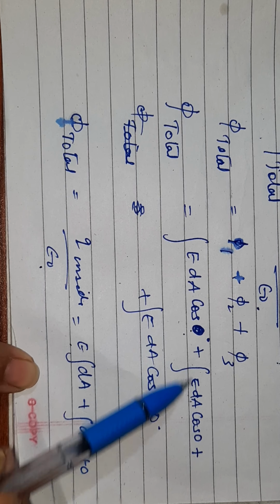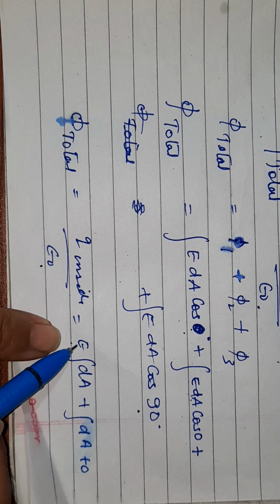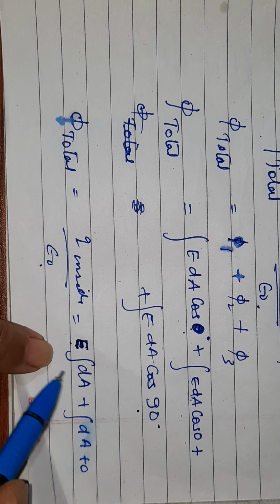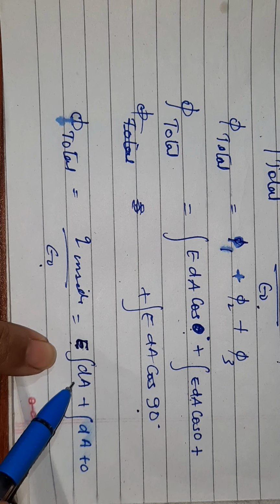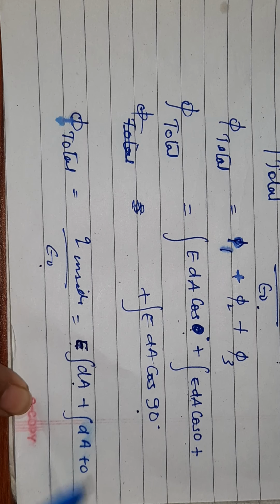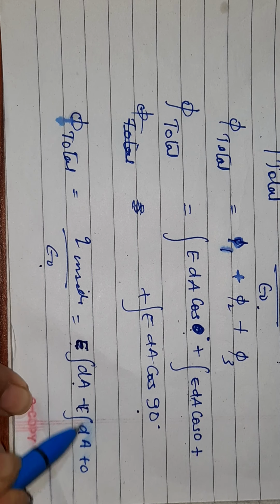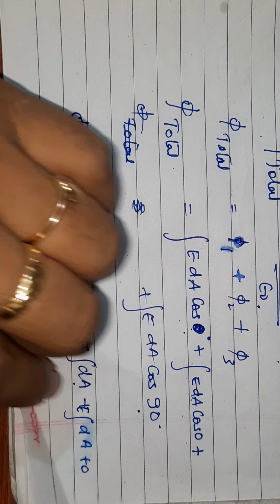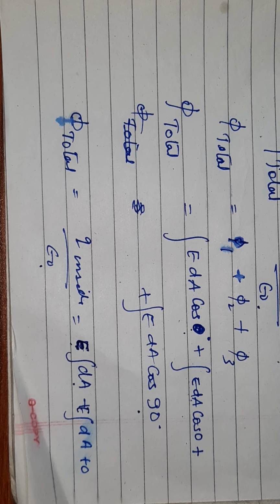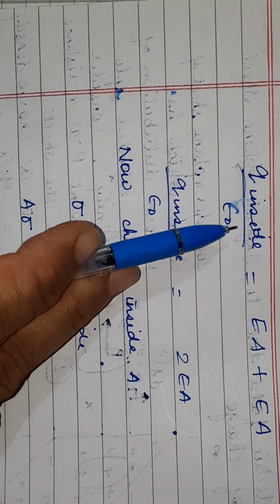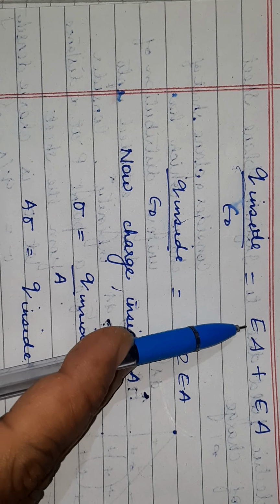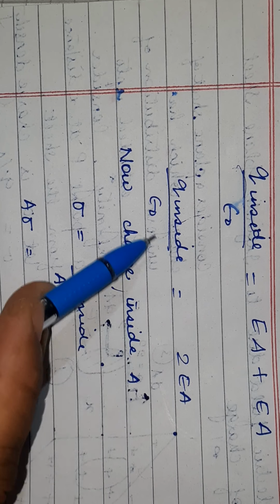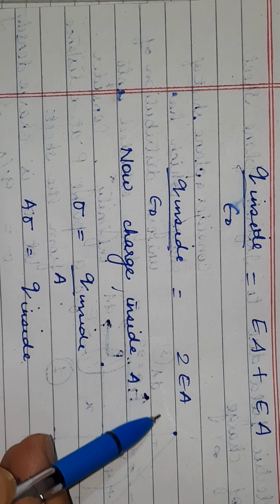Cos 0 is 1, and E is a constant value, so we will not integrate it. So it will be the integration of dA, plus E dA, and E dA cos 90 is 0. Now what is the integration of dA? It will be A. So EA plus EA. So Q inside upon epsilon naught is 2EA.